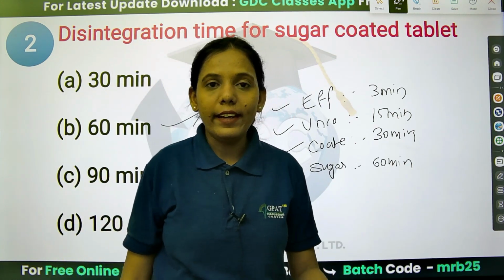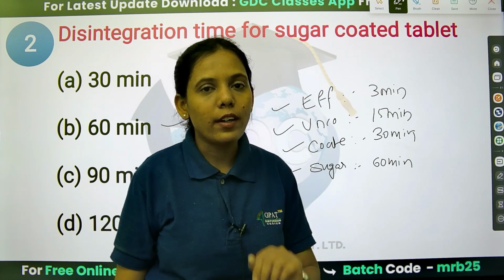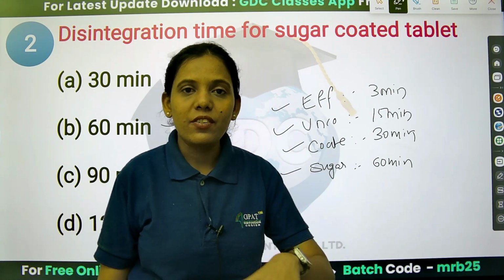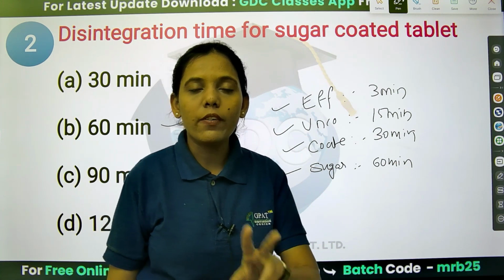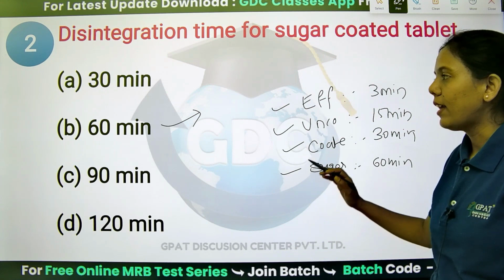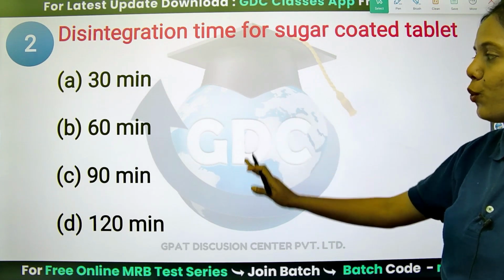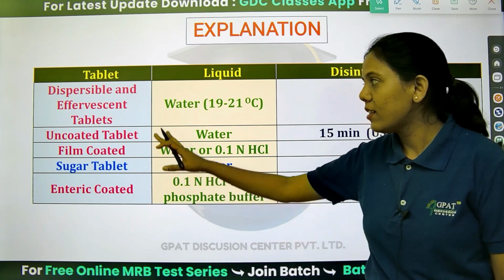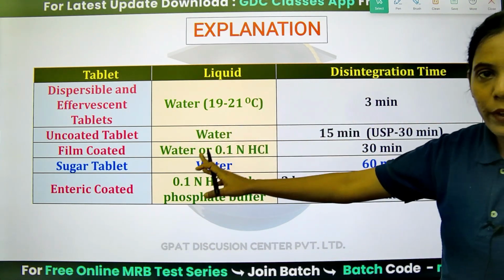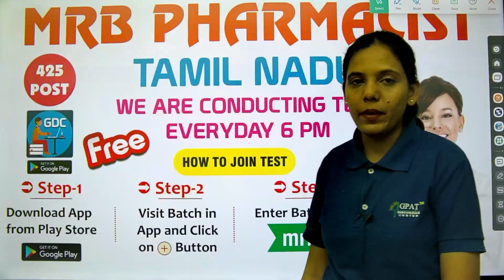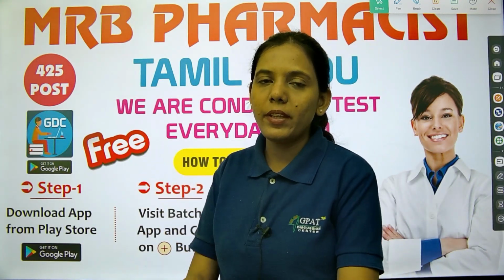And for enteric coated tablets, 2 hours in the gastric condition, that is the stomach, and 1 hour in the intestine. Remember, these are the different disintegration times for the tablets. So for sugar coated, 60 minutes is the right answer. So this is dispersible 3 minutes, uncoated tablets 15, film coated 30, sugar coated 60 minutes. And enteric is 2 hours in the stomach, afterwards it will release in the intestine within 1 hour.